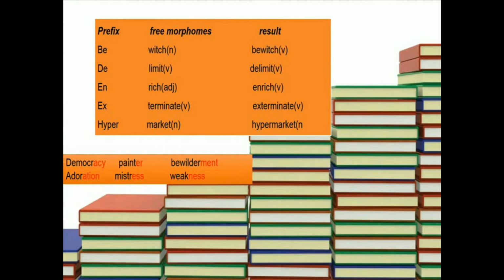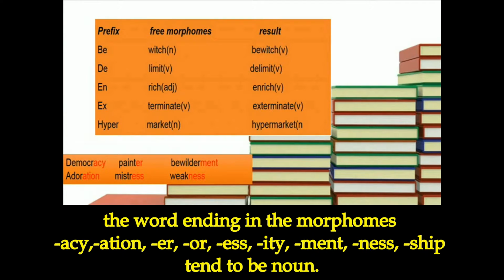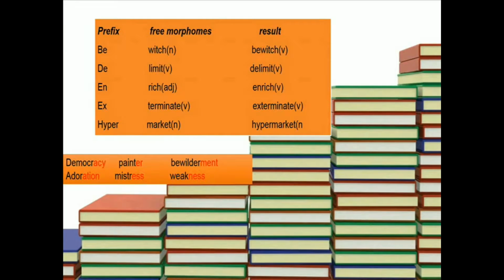And then words ending in the morphemes ac, agent, er, or, ist, man, ness, ship tend to be nouns like democracy, adoration, painter, mistrust, bewilderment, weakness.